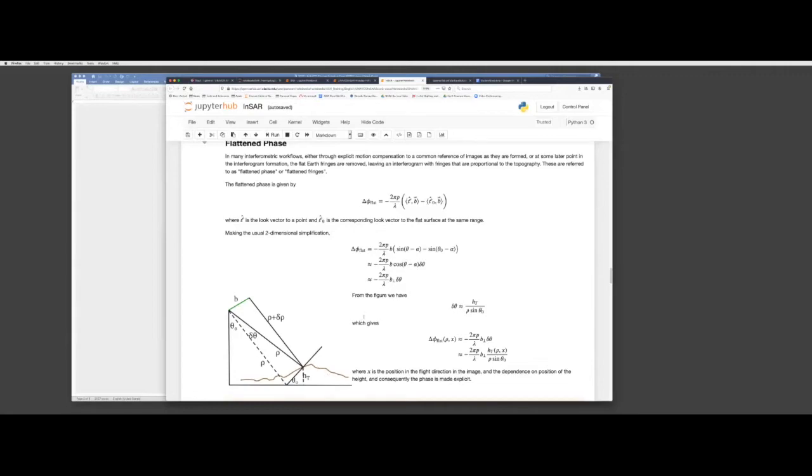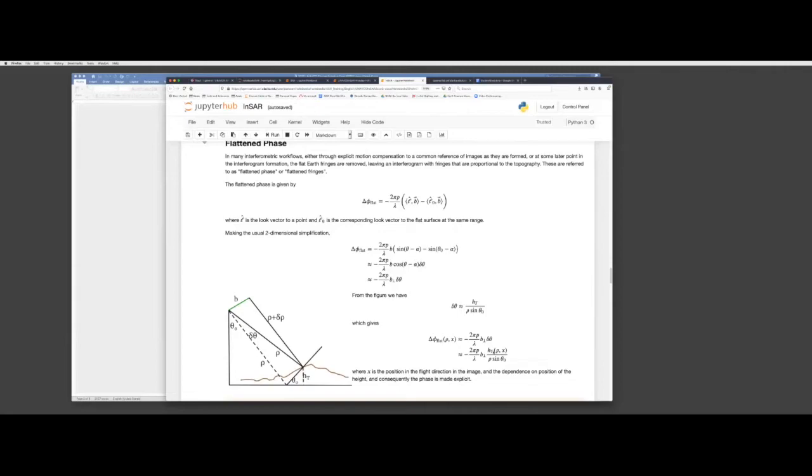And again, in the interest of time, I won't go through the equations here, but by going all the way through this, you'll see that the flattened phase, after removing that, is proportional to the perpendicular component of the baseline and to the topographic height, ht.